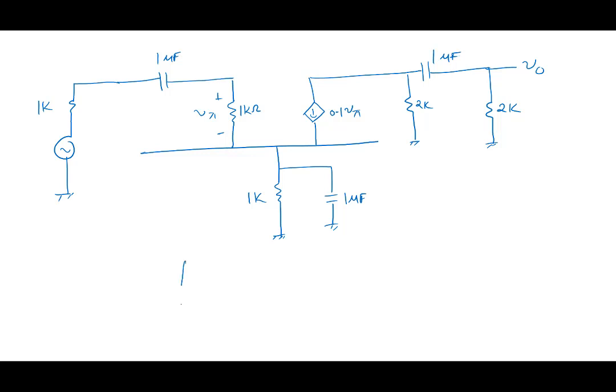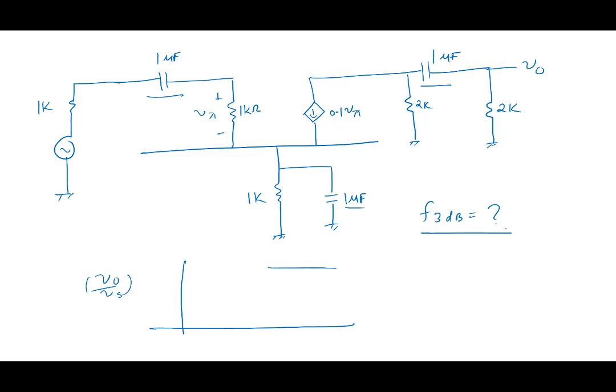Do we see that all these capacitors have an effect of high pass? We've already seen this, this and this, right? Now how do we handle it? I want to know an approximate value of F3 dB. The way to do this is as follows.